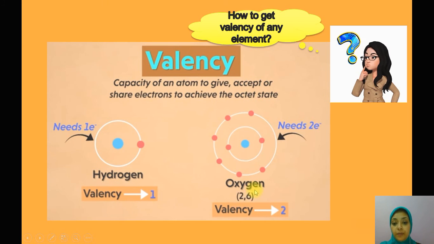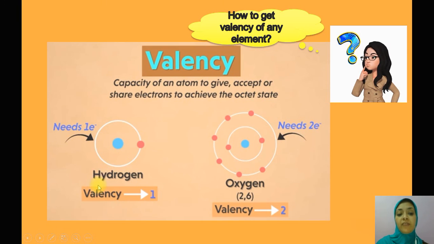What about oxygen? If we have oxygen with 8 atomic number, the configuration will be 2, 6. So how many electrons will the oxygen lose or gain? The valency is the number of electrons that the atom can lose or gain.